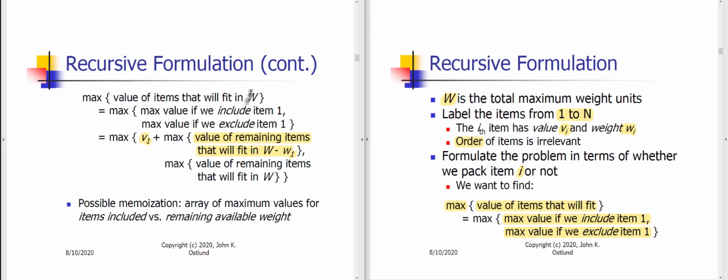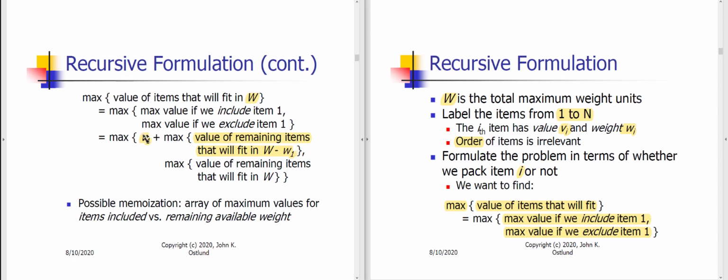The maximum amount of weight that we can carry is some number W. If we include item 1, its value is the value of item sub 1, and the remaining available weight for other items is the total weight that we can carry minus the weight of item 1.